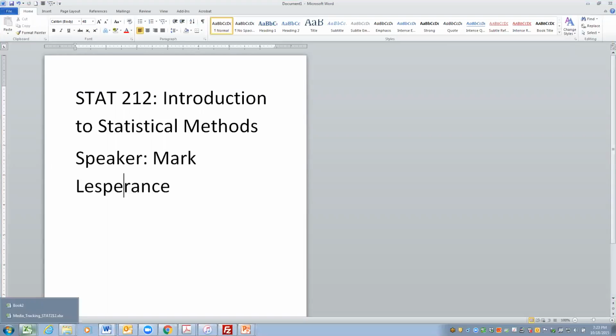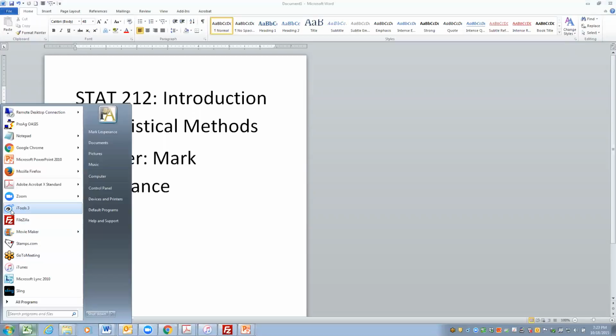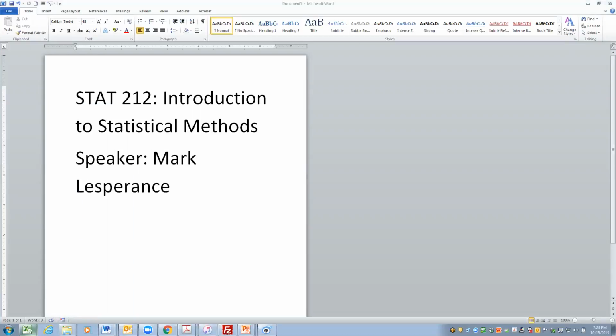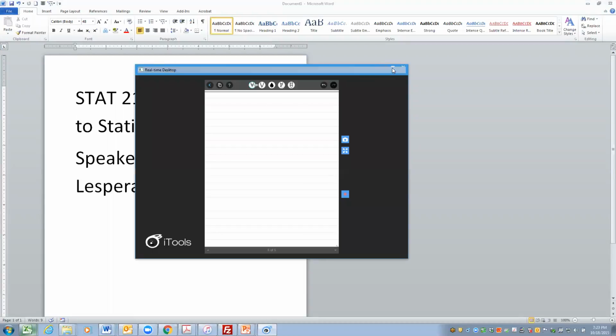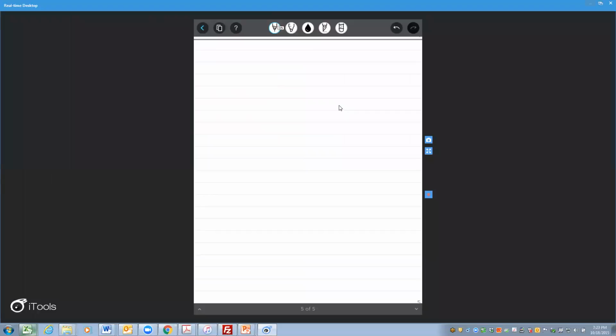Now we're going to do some examples with our point estimates, proportions, and confidence interval proportions.